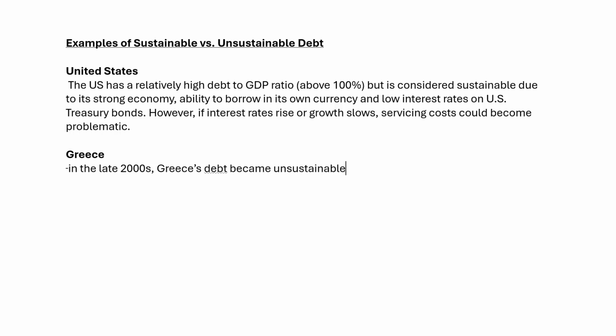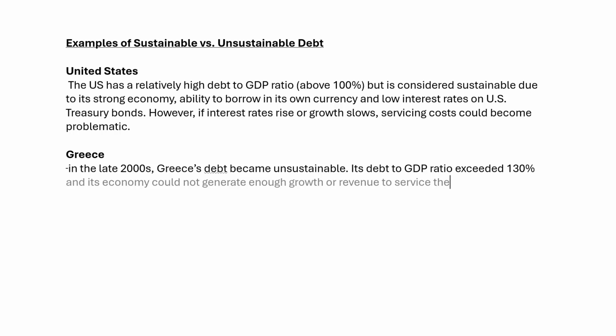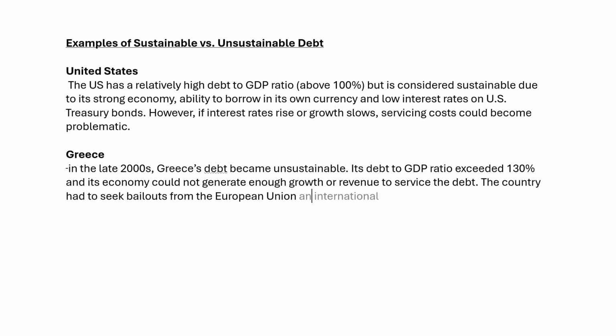Its debt to GDP ratio exceeded 130%, and its economy could not generate enough growth or revenue to service the debt. The country had to seek bailouts from the European Union and International Monetary Fund, and it implemented severe austerity measures. And there you have it.